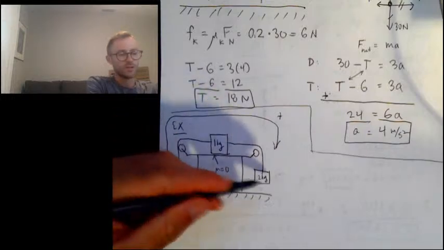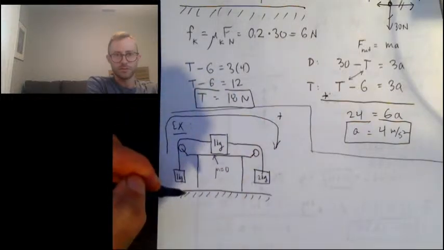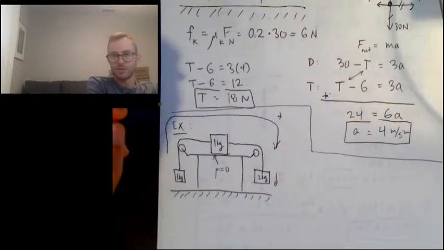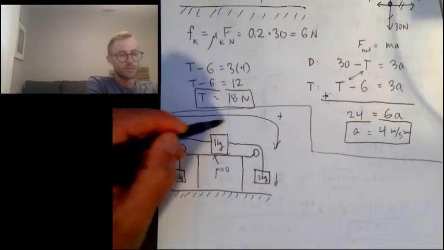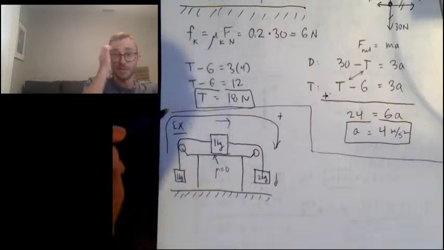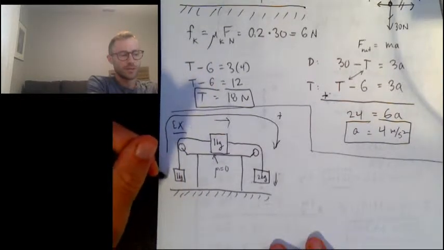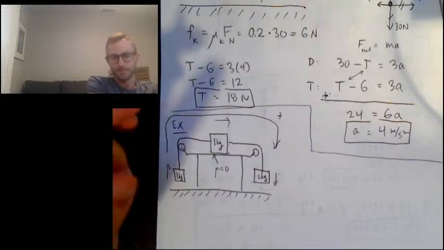So all three of these have different positive directions. The 2 kilogram has a positive direction that is downward. The table mass has a positive direction to the right. And the 1 kilogram dangling mass has a positive direction that is upward.